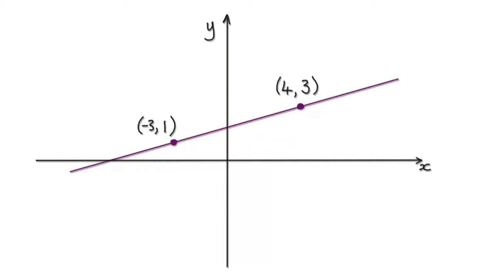So let's start again. The equation of a straight line is given by y equals mx plus c. We need to know the gradient and the intercept. Let's work out the gradient first.